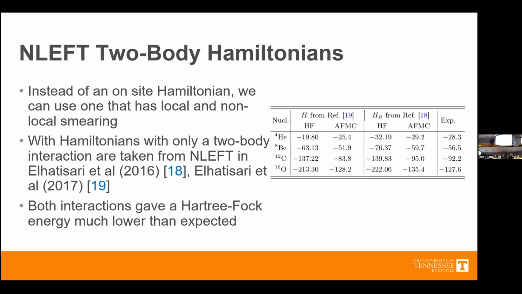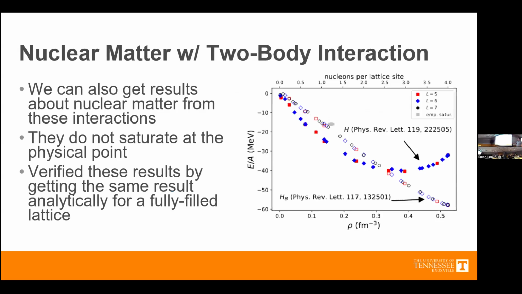Next, you obviously need better interactions. So instead of just a purely on-site one, we have one that has local and non-local smearing, taken from Lee's group, and namely we started with these two papers from 2016 and 2017, and we ran Hartree-Fock with them. We saw that the energies really dropped down very low, which was not what we were hoping for.